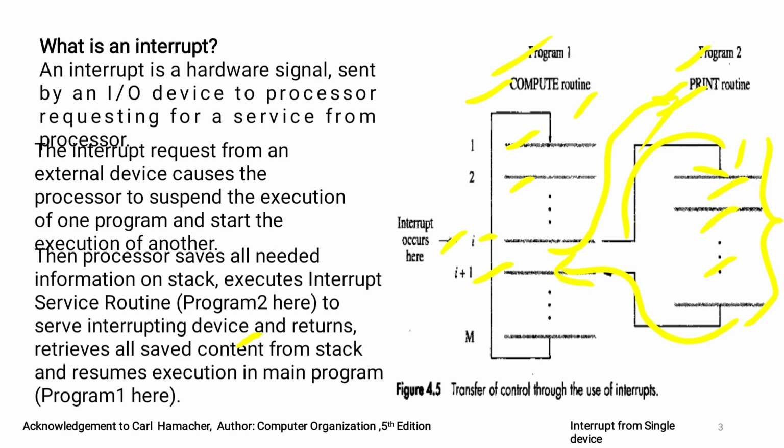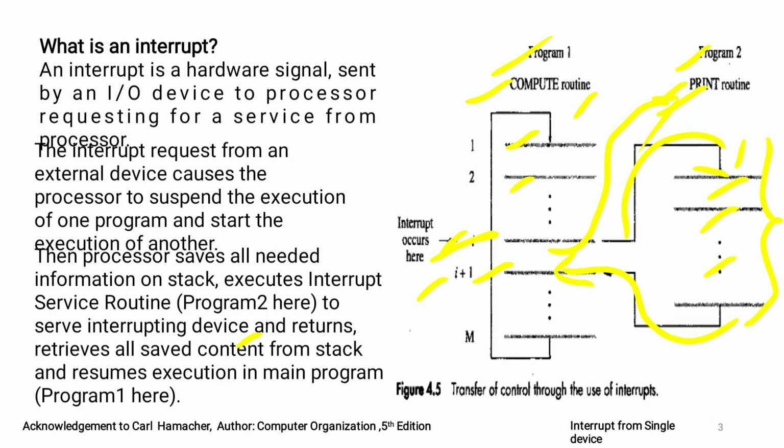The program counter always stores the address of the next instruction. The printer interrupted at instruction I, so after executing that it should go to I plus 1. So the program counter has the address I plus 1.